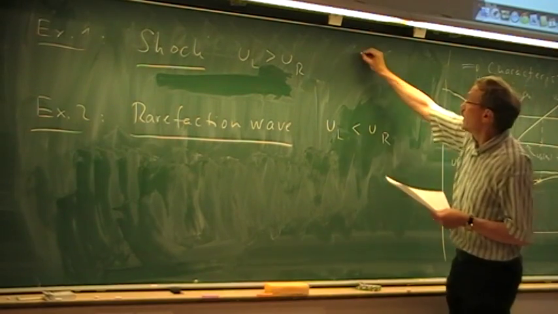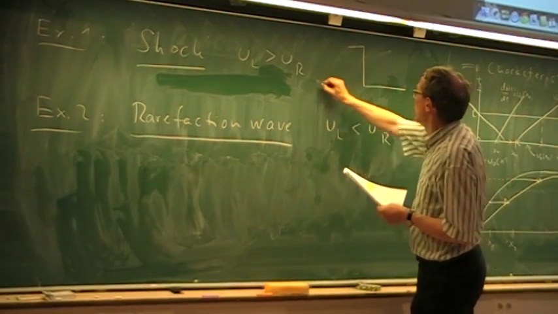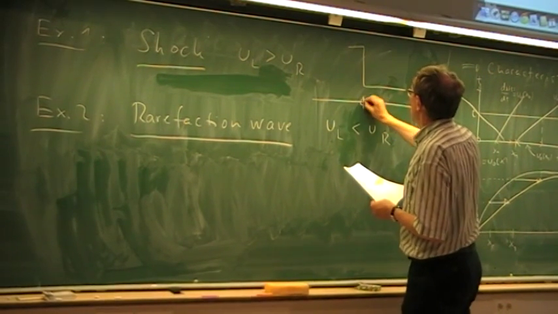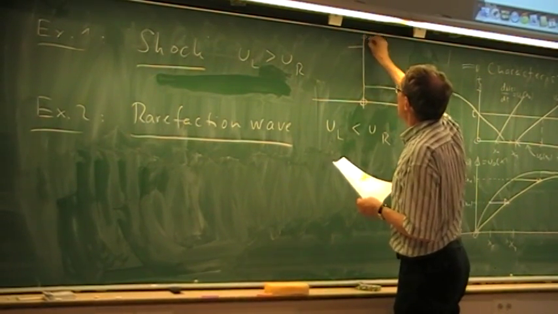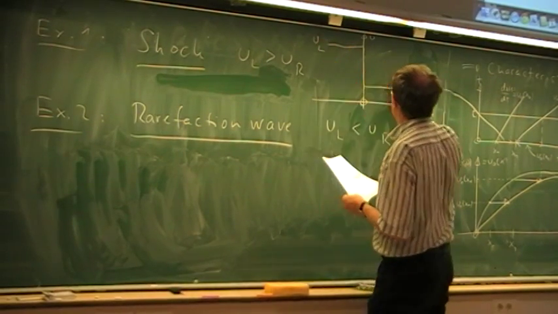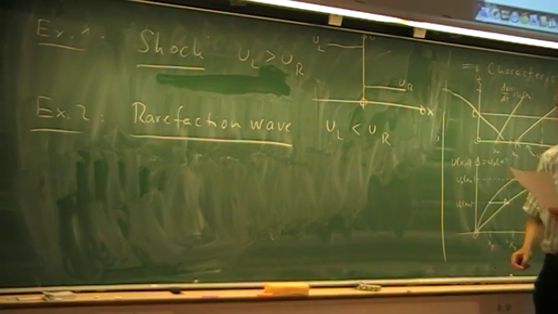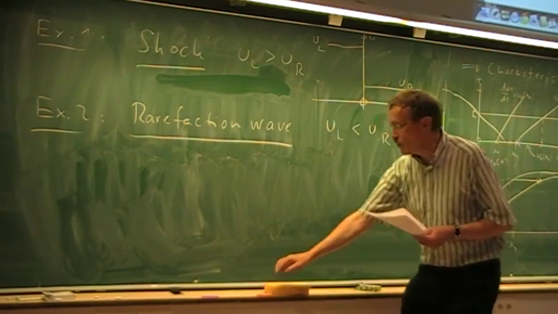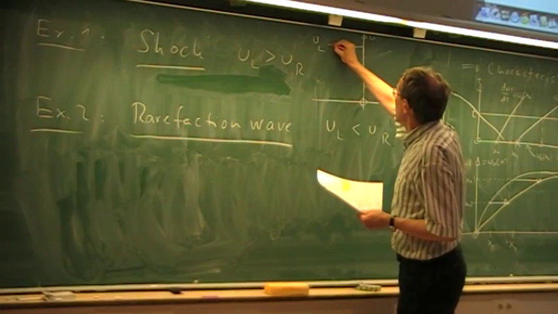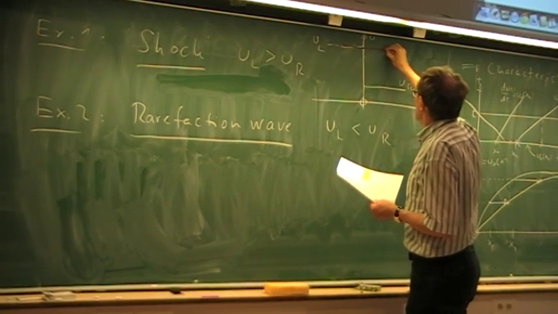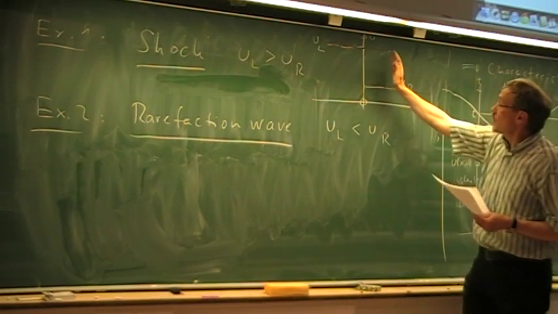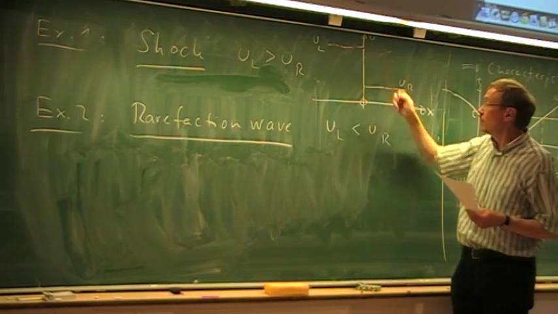So here we will have this situation. Here we have x, here we have 0, and here we have u, with ul and ur. And the shock means that we have a discontinuity that will propagate like that. This discontinuity is called the shock.